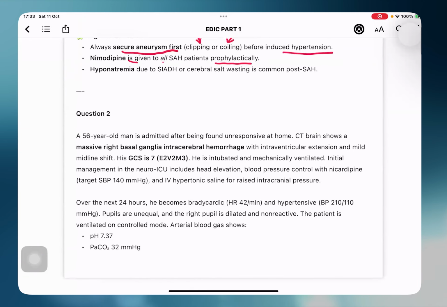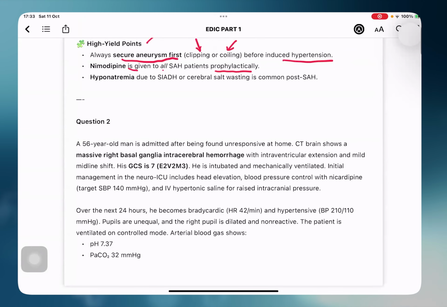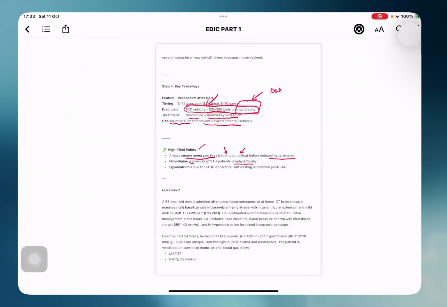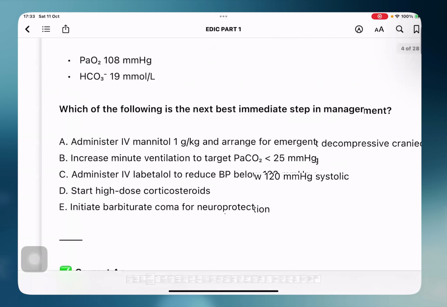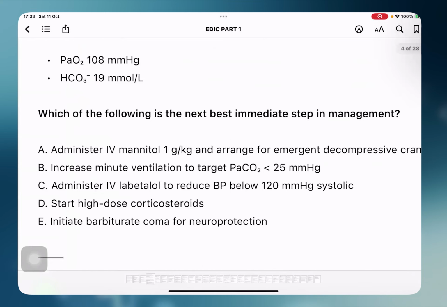ABG shows a pH of 7.37, PaCO2 of 32, PaO2 of 108, bicarbonate of 19. Which of the following is the best next step in the management of this patient?